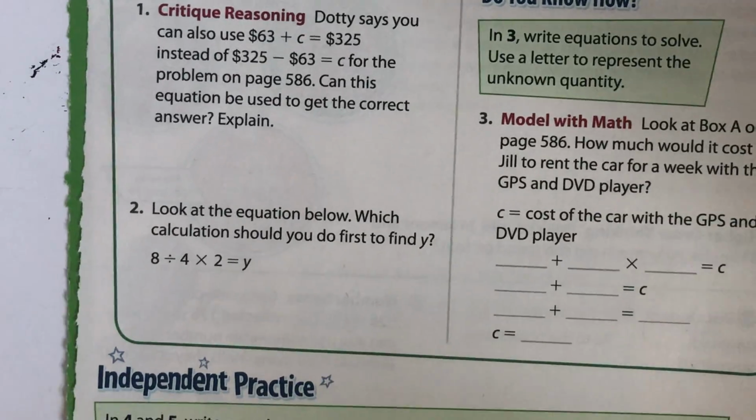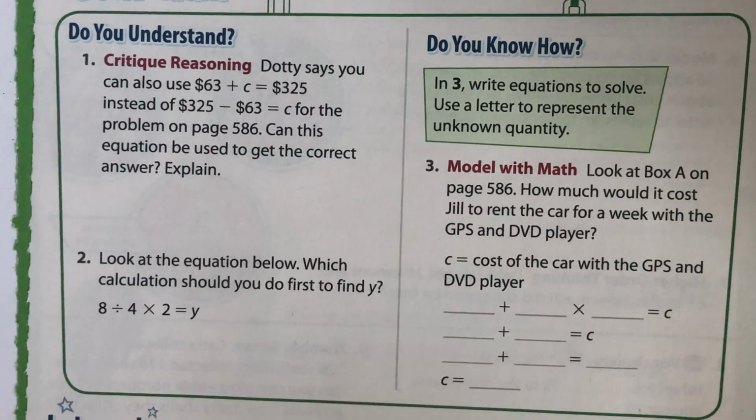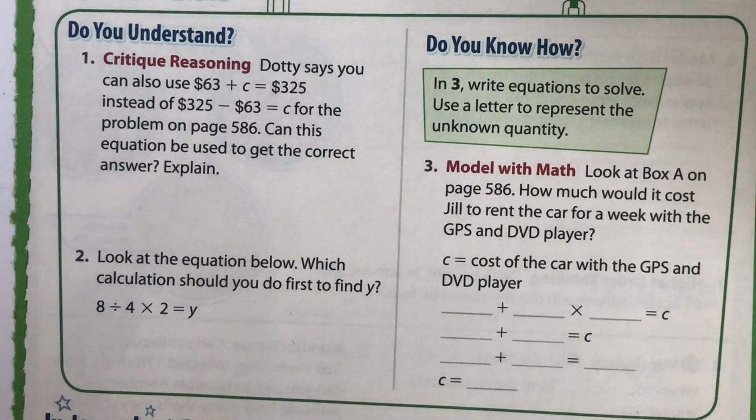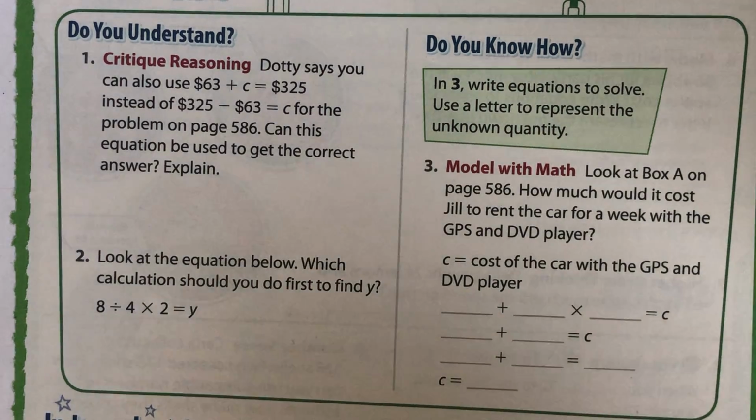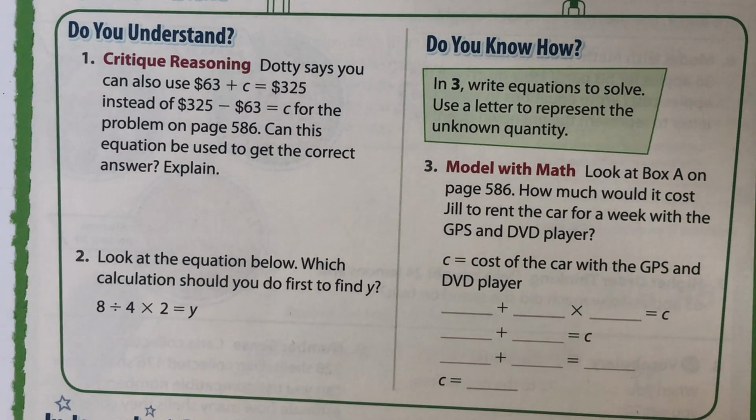Dottie says you can use 63 plus c equals 325 instead of 325 minus 63 equals c for the problem on page 586. Can this equation be used to get the correct answer? Yes, because addition and subtraction are related.